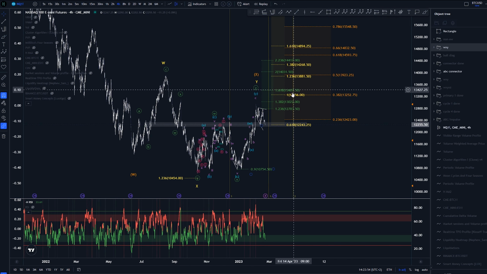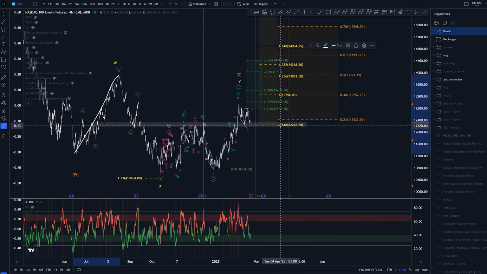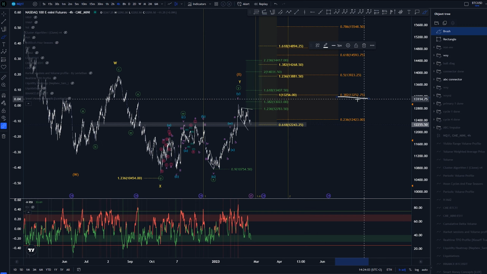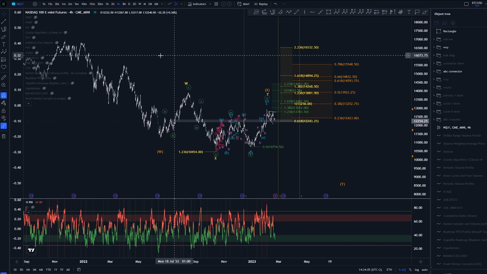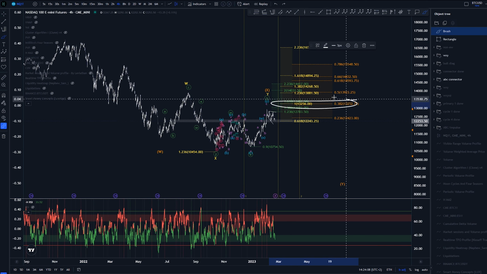Now, the ideal position was this 13.25k area, where we would have lined up with the 1-to-1 of this move here, and also the 38.2 retracement of this whole wave W here. Again, that had very nice confluence together on it. But again, we don't need to go there. We have already hit the minimum extension of 0.618 here for this wave Y.